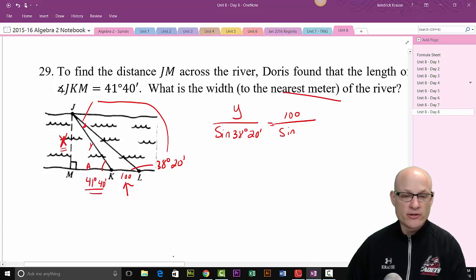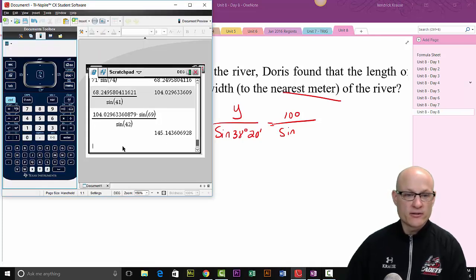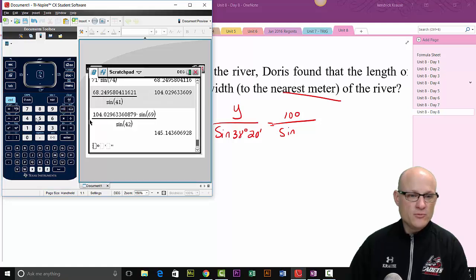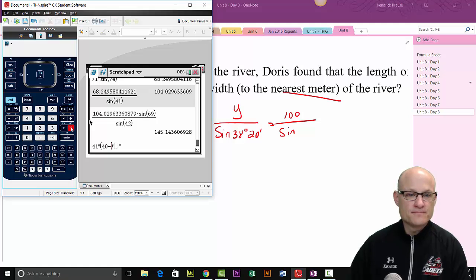So I'm going to take my calculator, 41 degrees, 40 minutes, and I'm going to subtract off the 38 degrees, 20 minutes.